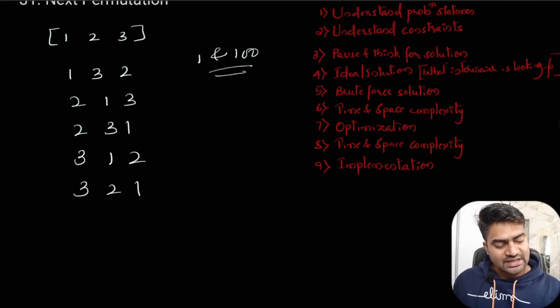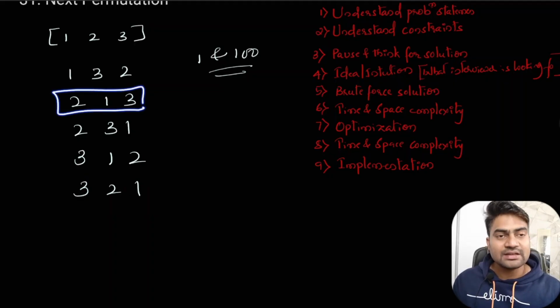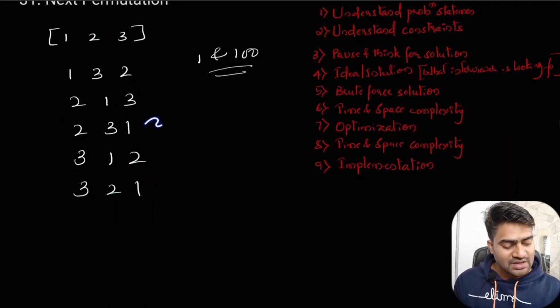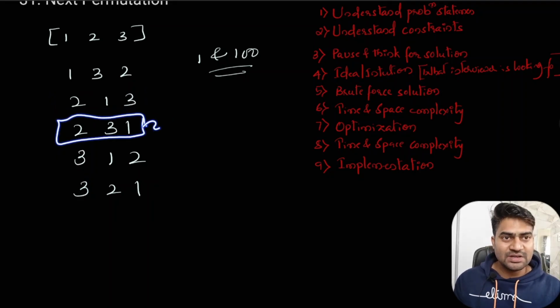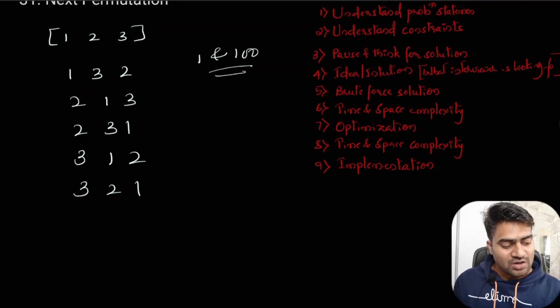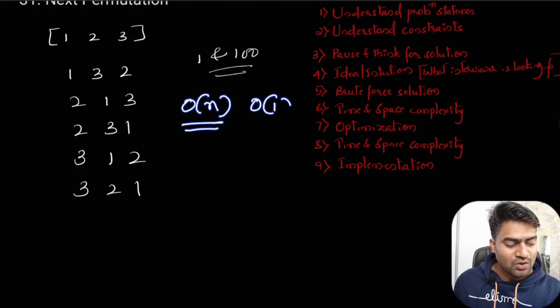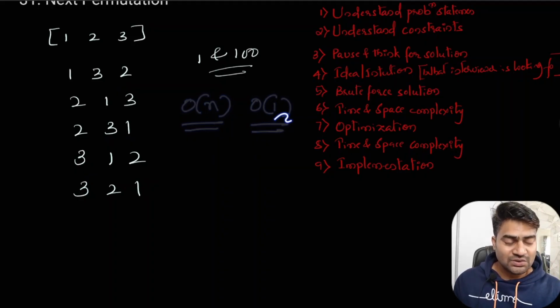They will give any one array and want us to return the next possible permutation, and they want us to do it in O of n time complexity without using any extra space, so O of 1 space complexity. That is the most optimal way to solve this problem. We will look into that later.